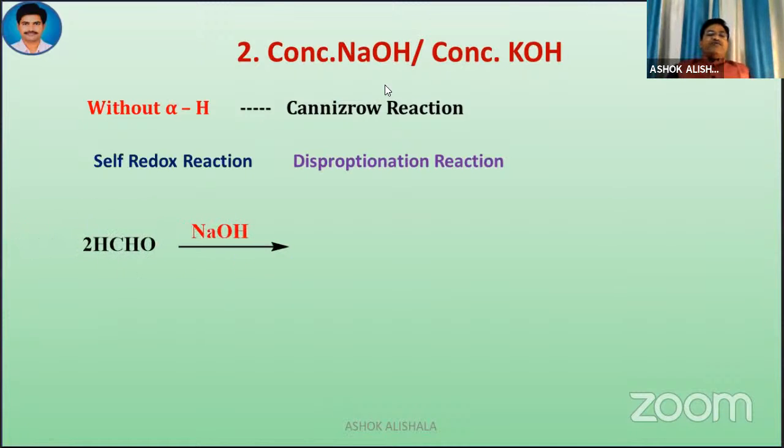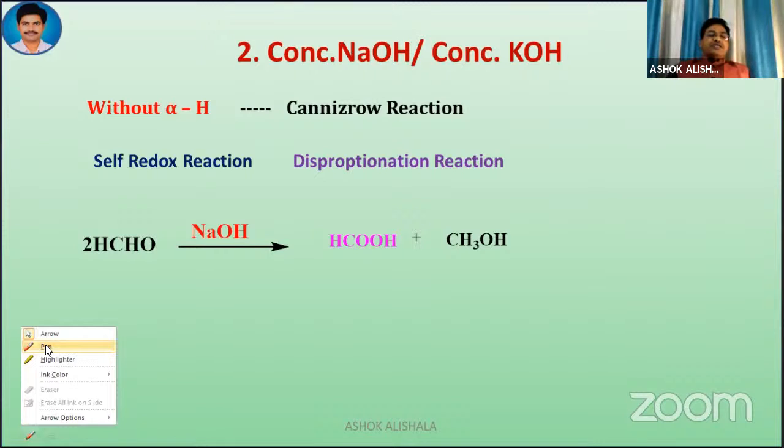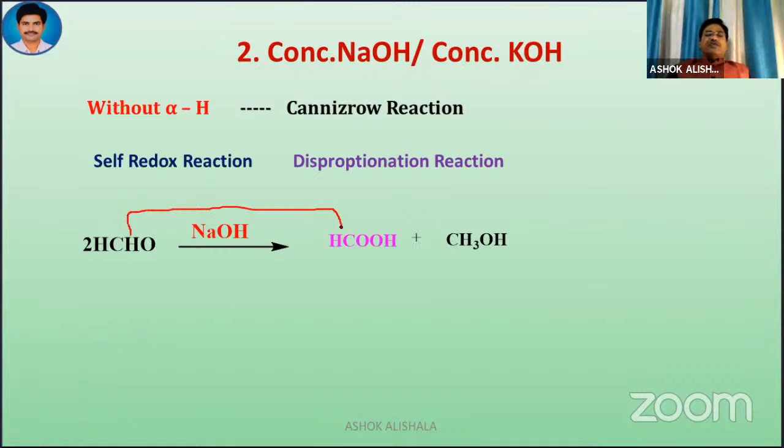When formaldehyde is treated with concentrated NaOH or KOH, what happens? It undergoes a self-redox reaction. That is, one formaldehyde molecule is converted into formic acid. Another formaldehyde molecule converts into methyl alcohol.